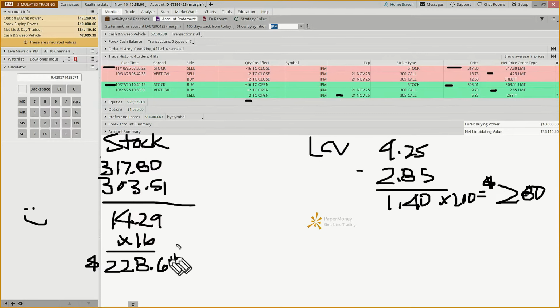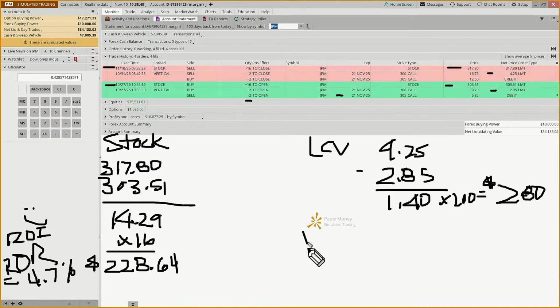And here, our return on our risk, I didn't calculate that, but we made $14.29 on a price of 303.51. So if I take $14.95 divided by 303.51, that was about our return on our risk here, about 4.7%, or our return, as many people would say it, return on our investment.